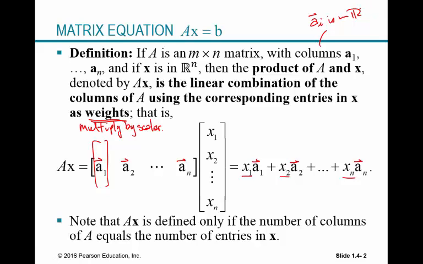Each vector A has M elements in it, and there are N vectors. This is how you get an M row and N column matrix.